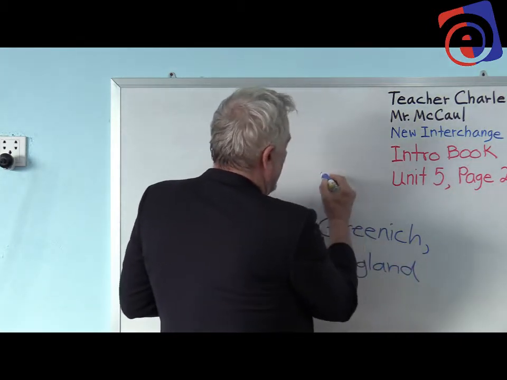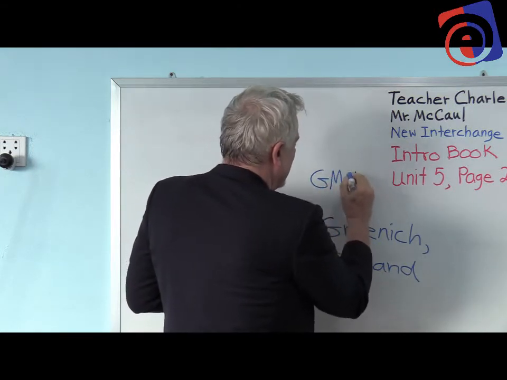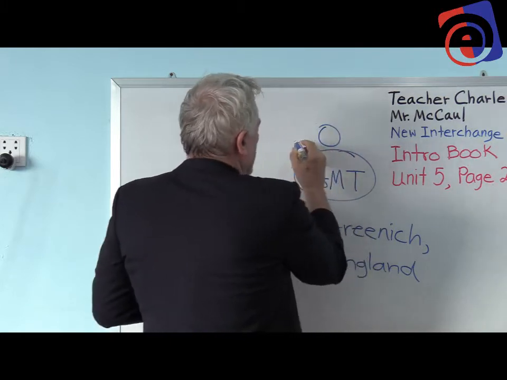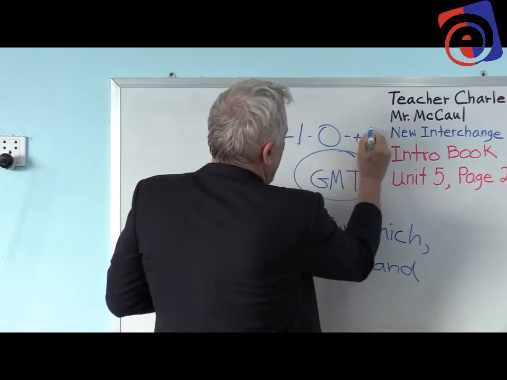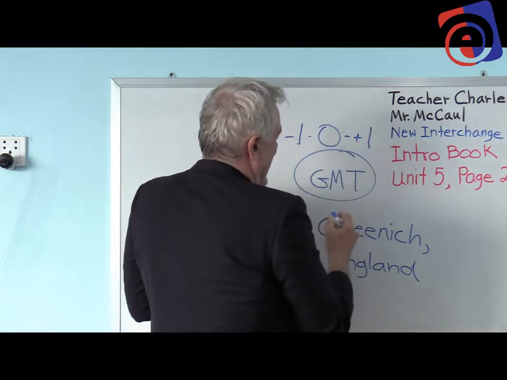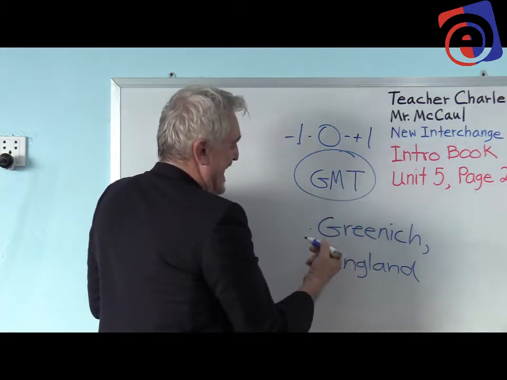We call this 0. It's where everything starts. On this side is -1, on this side is +1. -1 hour, +1 hour. They call this Greenwich Mean Time.